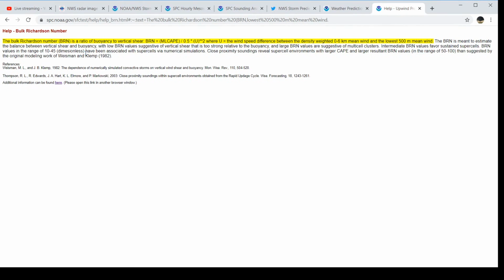BRN is mixed layer CAPE, and U is the wind speed differential between the density weighted 0 to 6 kilometer mean winds and the lowest 500 meter winds. The BRN is meant to estimate the balance between vertical shear and buoyancy, so it takes into consideration both. Low BRN values suggest that vertical shear is too strong relative to the buoyancy, and larger BRN values are suggestive of multicell clusters.